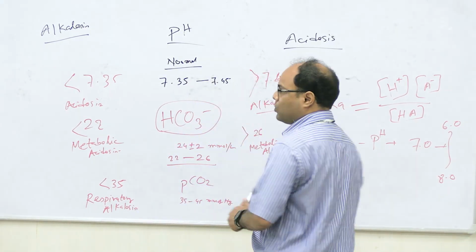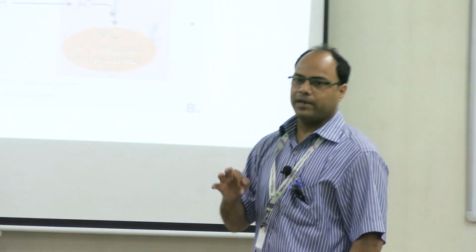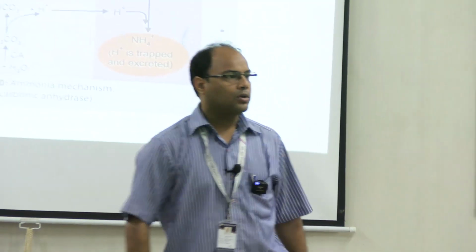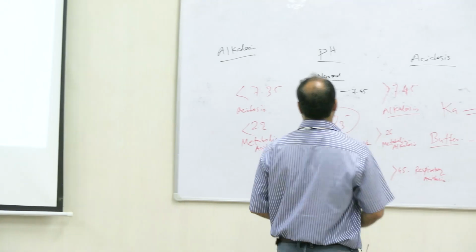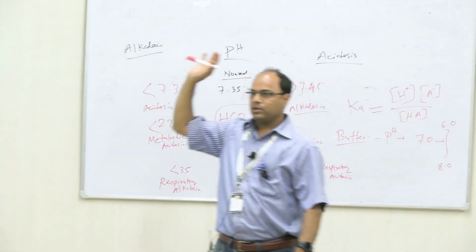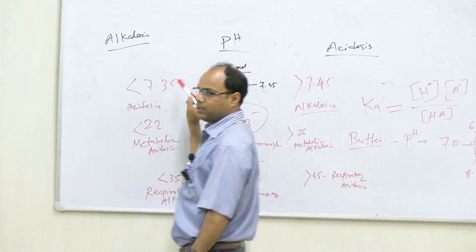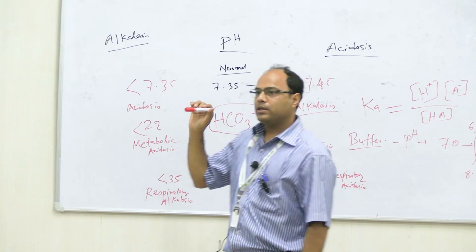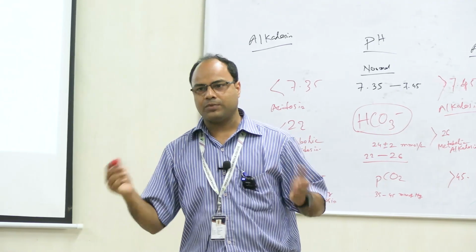Okay, so when you are going to diagnose a patient, say they have come with an ABG report. How can you diagnose that? First of all, you see what pH you found in the report. Say pH is less than 7.35, that is called acidosis. Then the next step is what kind of acidosis? Is it metabolic acidosis or respiratory acidosis?